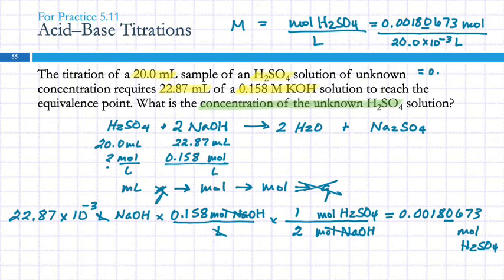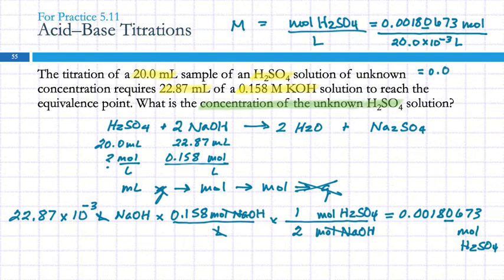So let's fix that on the calculator. So 20 EE minus 3. No, I did something wrong. 0.00180673 divided by 20 EE negative 3. There.